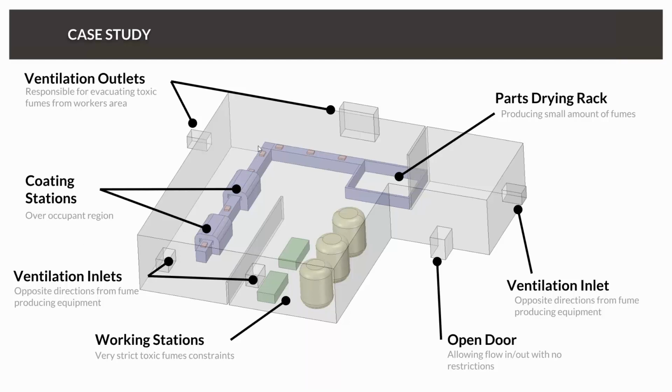Here we have two outlets, here and here, and we have an additional inlet on this side and an outlet here. And the fume is not only produced at the coating station, there's the main part of the fumes produced, but also at the part rack.